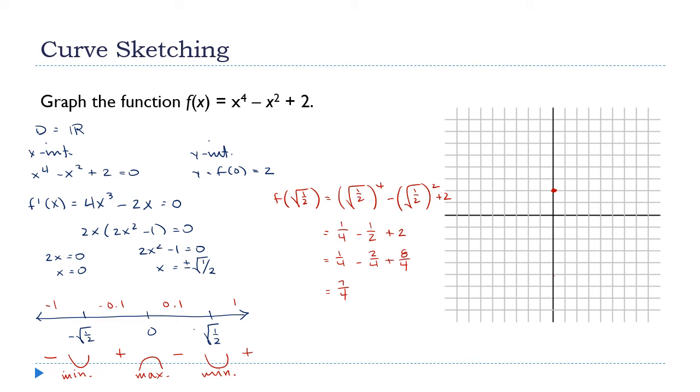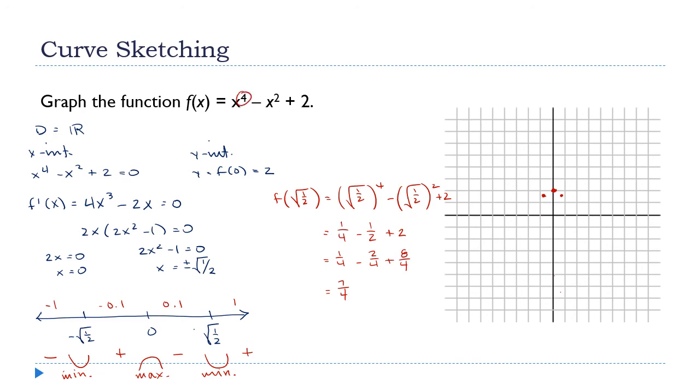Well, just a second while I go to my calculator. What is the square root of 0.5? Let me get an exact number here. That's 0.707. So that's just about here. And it's going to be there. And then here on this side. Yeah, I did the negative one, right? Another thing that's useful to notice with these things is that the function is symmetric with respect to the y-axis.